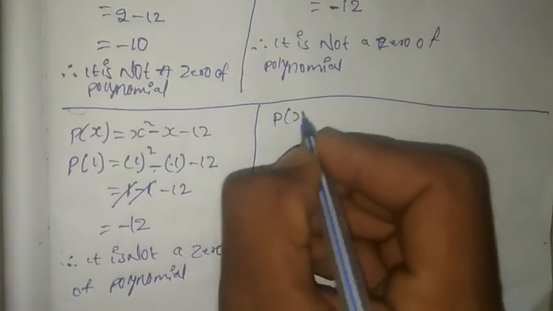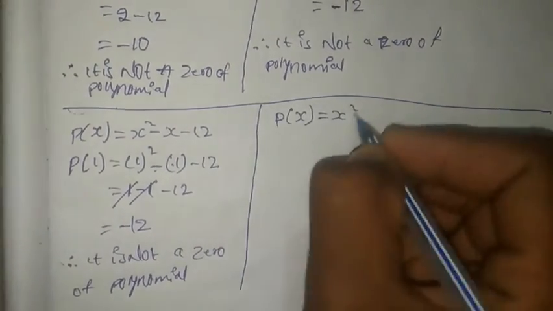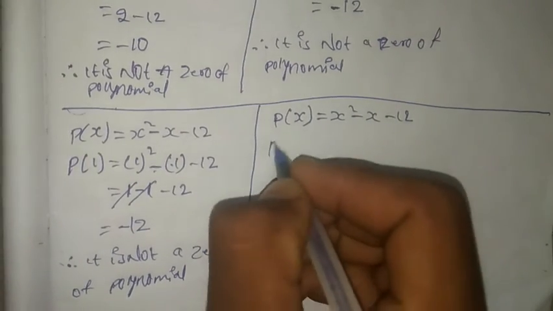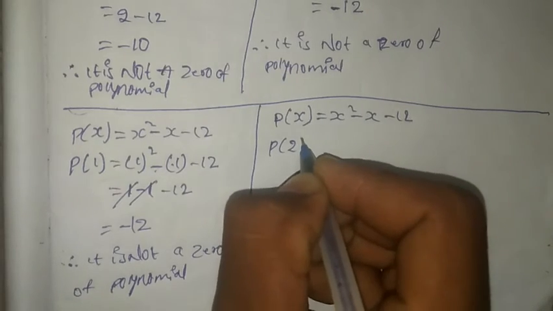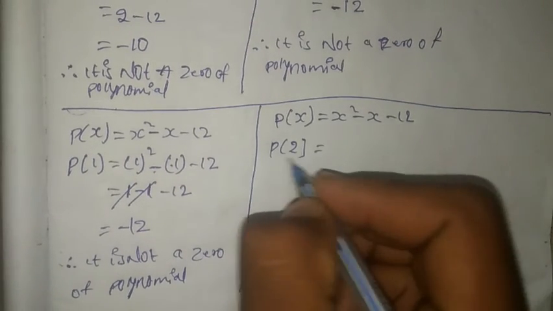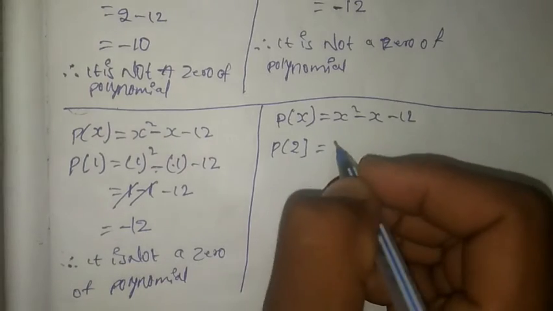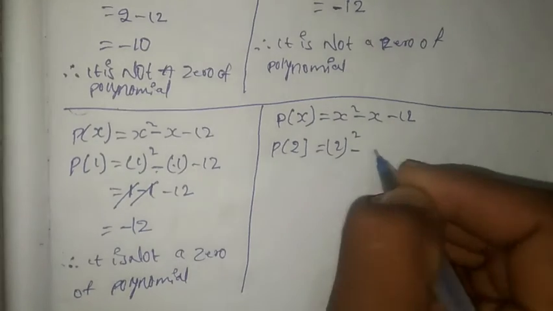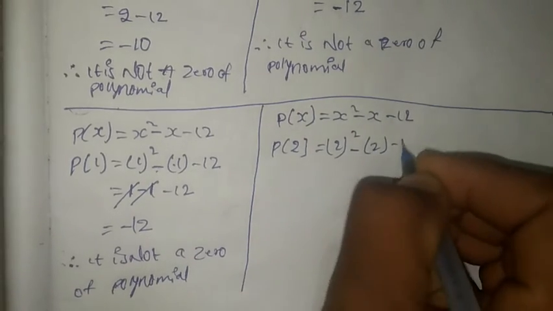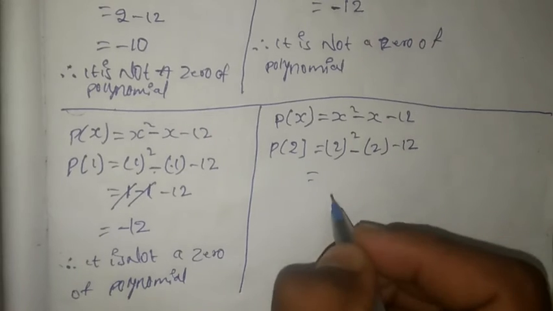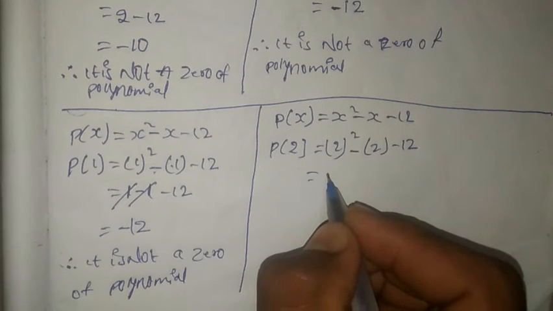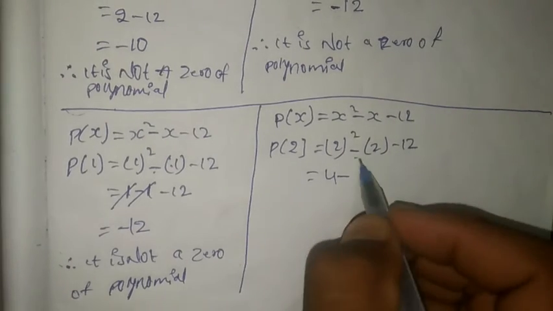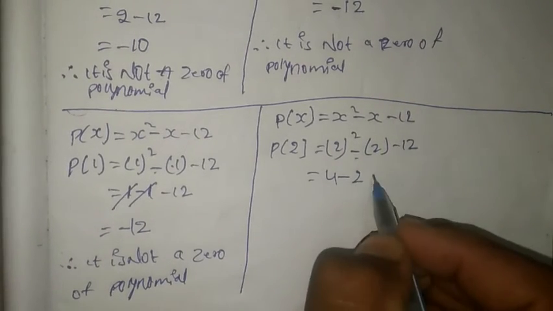Now we have to take x equal to 2. We write the polynomial p of x is equal to x square minus x minus 12. So now we take p of 2. So 2 whole square minus 2 minus 12. So 2 whole square is 4, and minus into plus is minus 2, and minus 12.